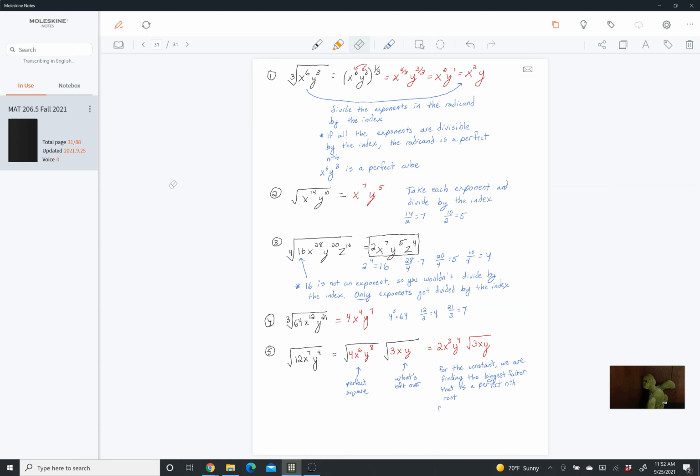Okay. For the variable, you want to find the largest number less than or equal to the exponent that is divisible by the index.